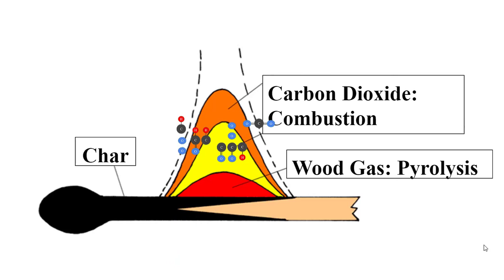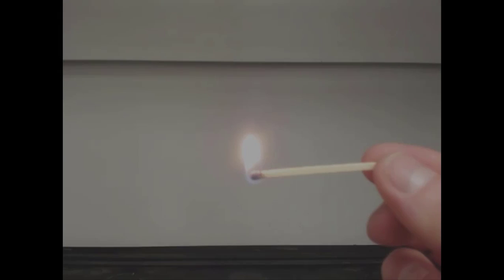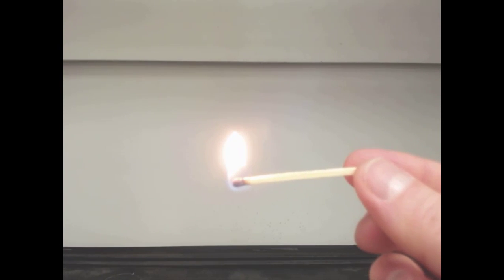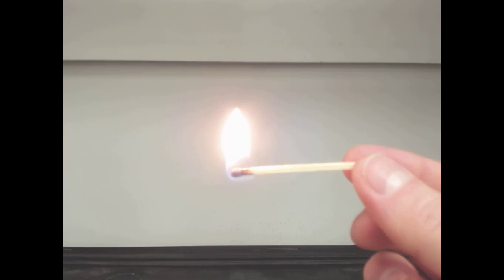And combustion is the combination of the oxygen in order to form carbon dioxide and a little water. What's interesting is all of these gases are very hot, which is the reason why flames move up away from the fuel. And you can see this in matches and forest fires.